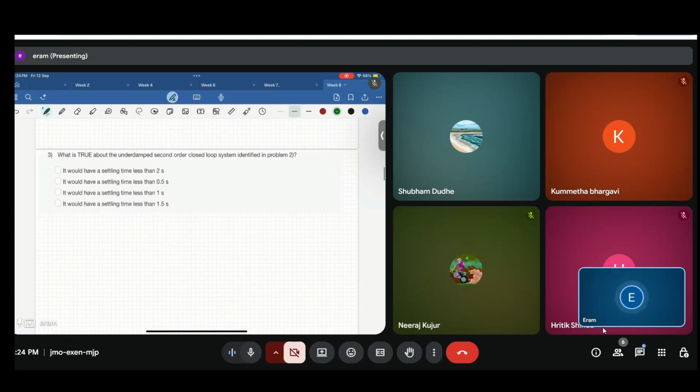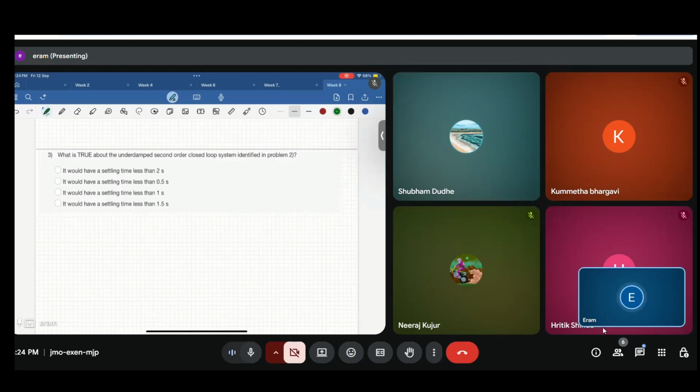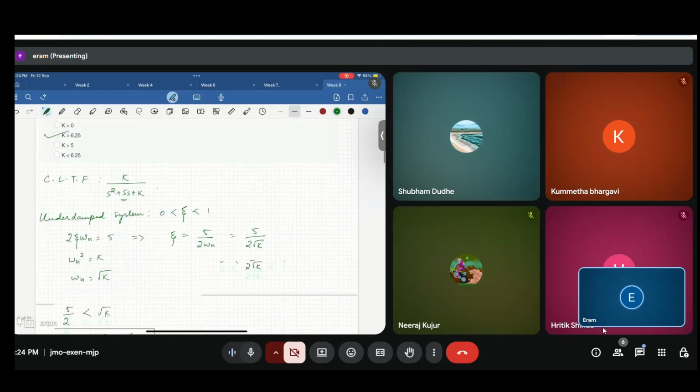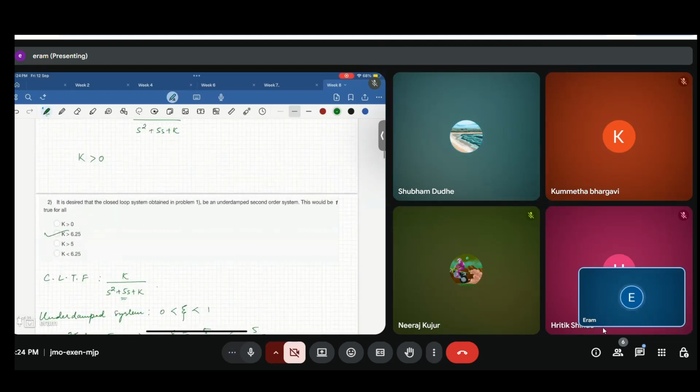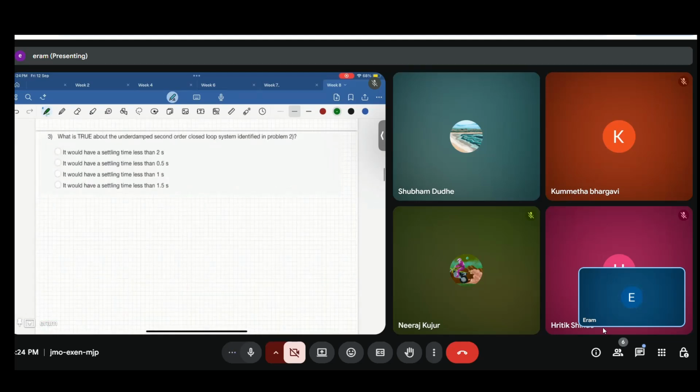Now in the third problem, for this underdamped second order system, which option is true? If you have k greater than 6.25, which means your system is underdamped, then which among these four options is correct?